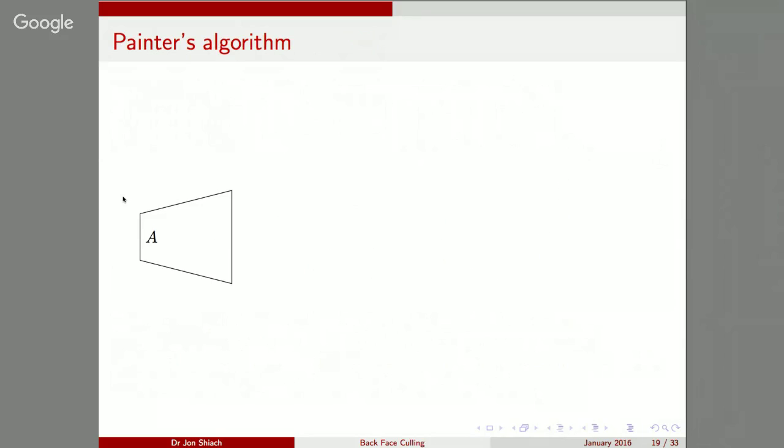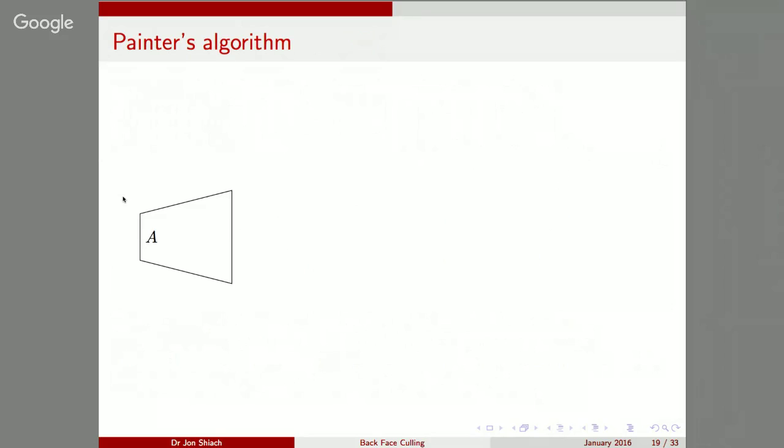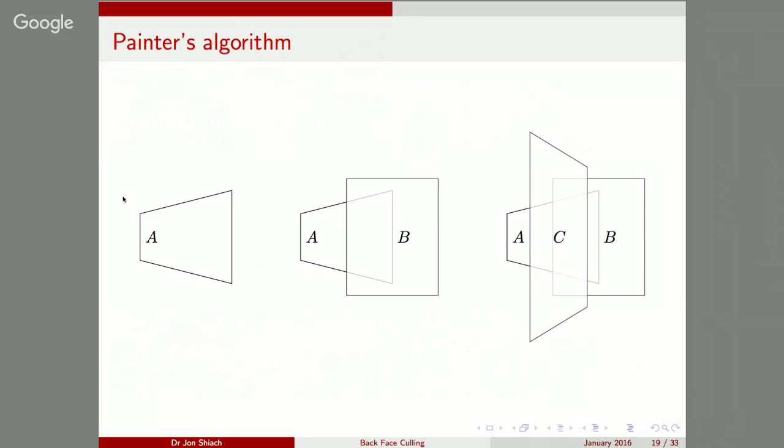So as you're looking at it, you look at polygon A, then B overlaps with A, and finally C is on top. You can still see parts of A. You may still see some polygons which you rendered early on, but they're partially obscured by the closer polygons. And that's called the painter's algorithm.